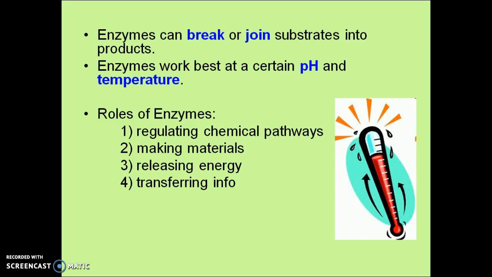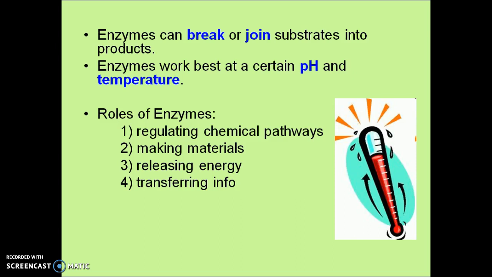Also, enzymes in your body require a certain pH in order to function appropriately. If the pH is drastically higher than it should be or drastically lower than it should be, your enzyme will also denature or lose its shape and be unable to do its job. Different enzymes in the body function best at different pH values.